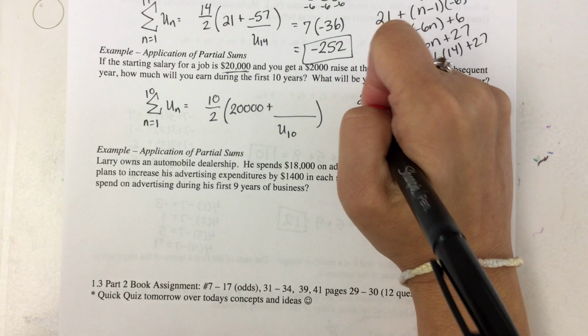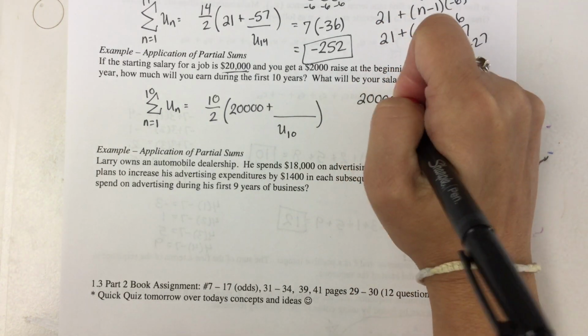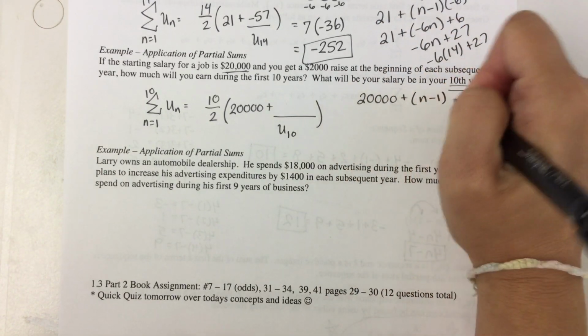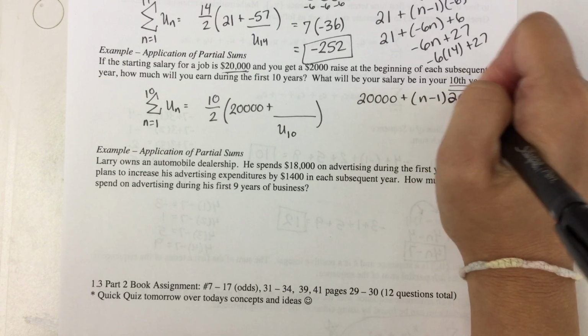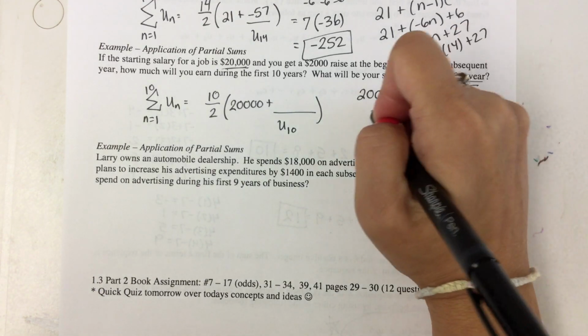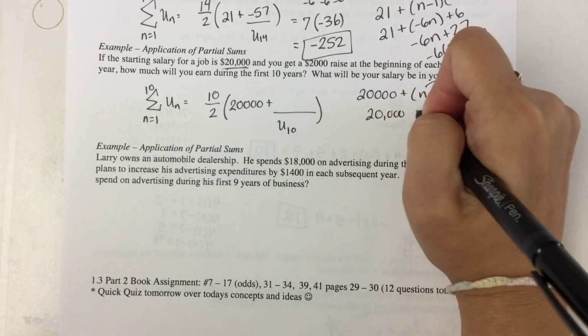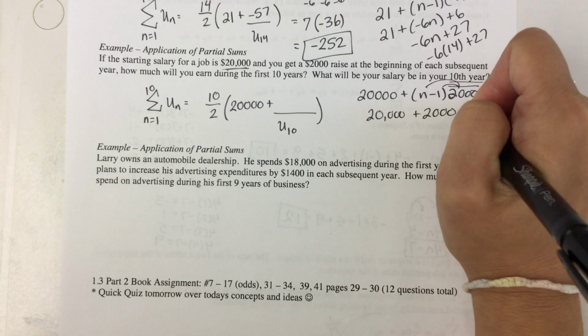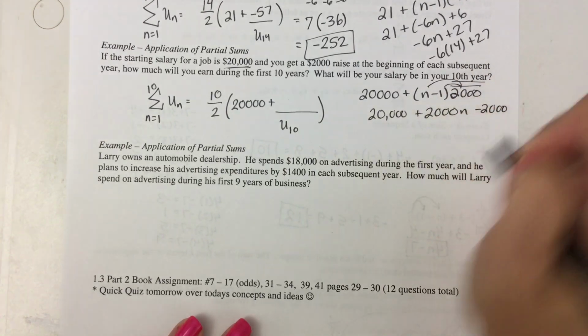Okay, so first year plus n minus 1 times your common difference. Your common difference is 2,000 because that's how much additional you make every year. Distribute: 20,000 plus 2,000n minus 2,000.